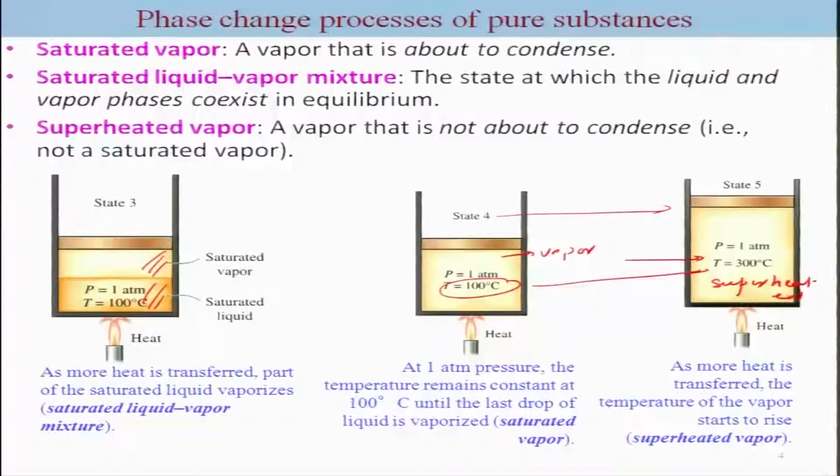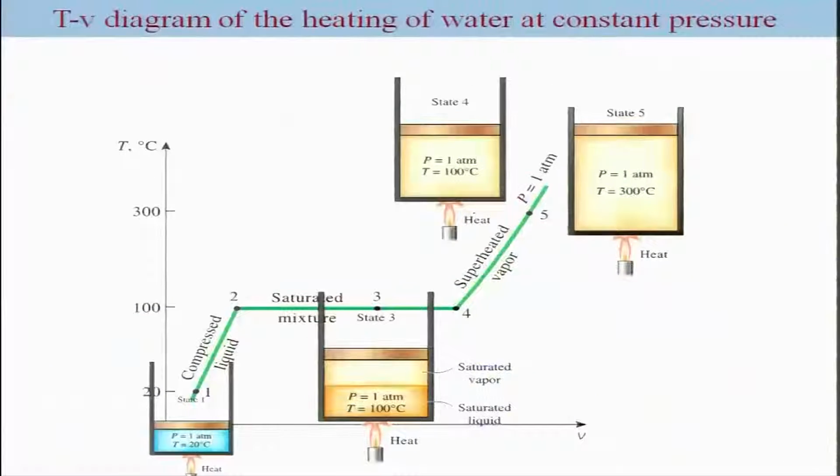Now, superheated vapor by definition is a vapor that is not about to condense, and a saturated liquid-vapor mixture is the state at which the liquid and vapor coexist in equilibrium, that is from state 2 to state 4. Now, you can present this graphical representation of the process on a T-v diagram. We started from state 1, which is compressed liquid water at 20 degrees Celsius, and this green curve represents pressure at 1 atmosphere.